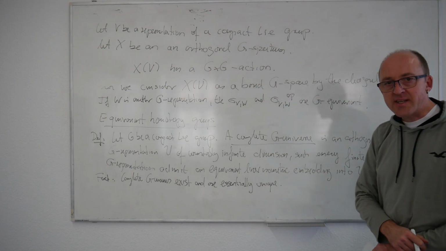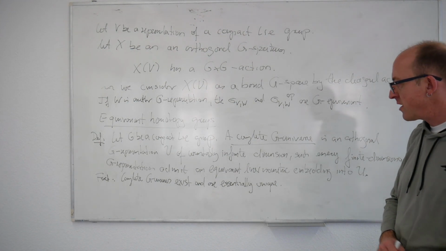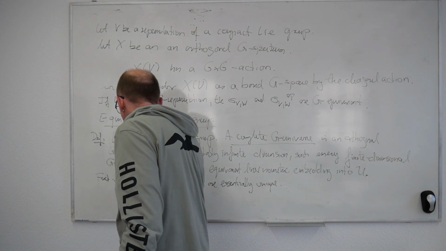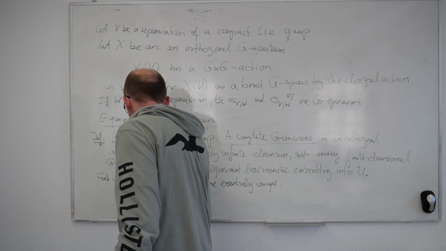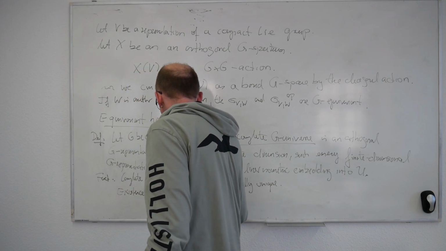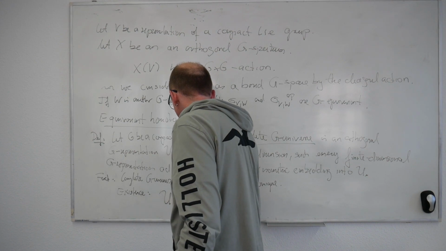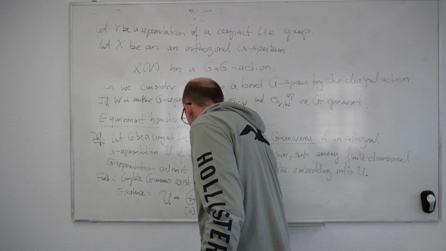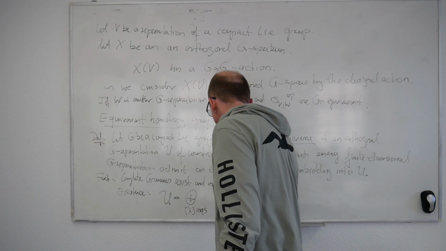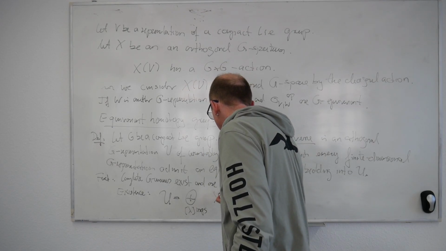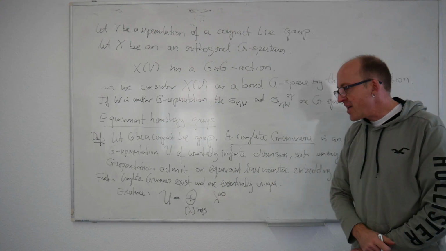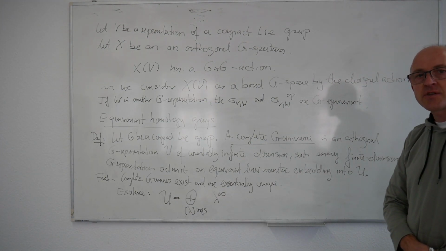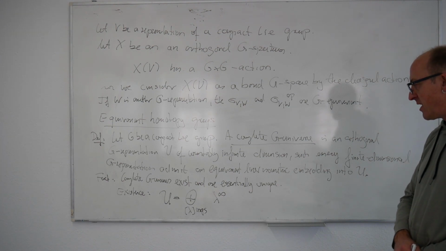The existence is easy because I can just write one down for you. So existence: I could take U to be a direct sum indexed over lambda, which are irreducible representations, and then I take each infinitely often. So the square brackets mean I take a direct sum over isomorphism classes of irreducible real orthogonal G representations.